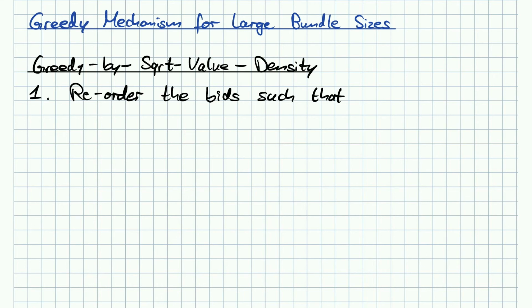Before we were reordering the bids such that they are in a non-increasing sequence. Now we first divide every one of the bids by the square root of the size of the respective bundle that this bidder wants.